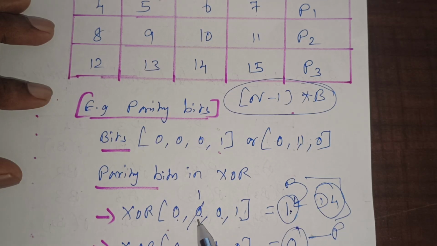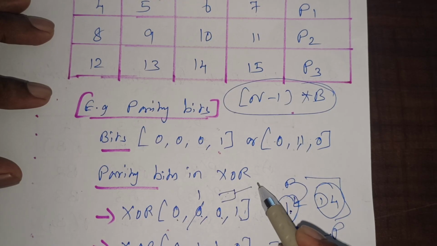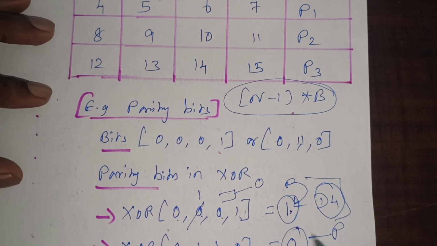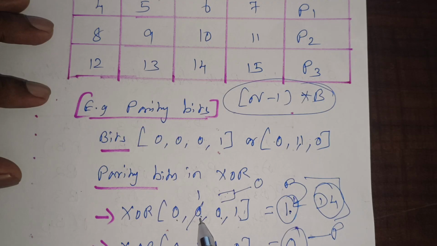What if this data is lost, that is 0 into 1? Here you can check it. 0, 1, 0, 1. What will be the parity? How to write a parity for this particular thing? We need to write it as 0. But the actual parity is what? 1. So in this order, by using this particular Hamming code technique, we can recover which particular data is lost here.